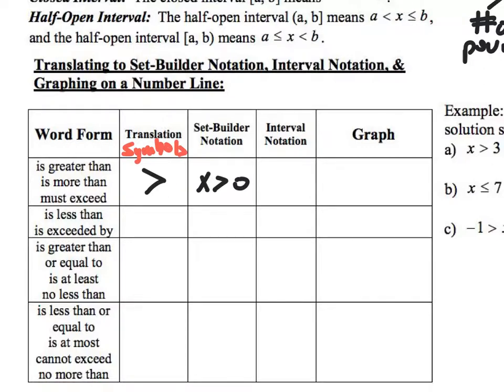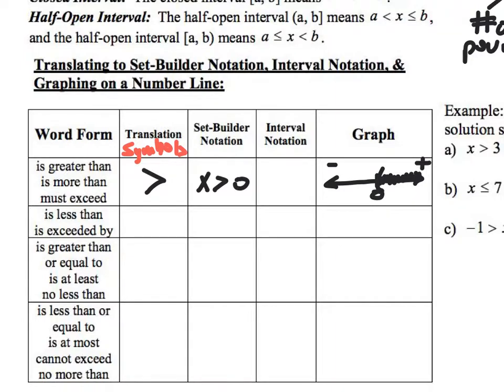Let me draw the graph here. I'm going to draw a number line and put 0. Because we're strictly dealing with greater than and not equal to, we use a parenthesis here and graph to the right. This is positive and this is negative, because there's 0.